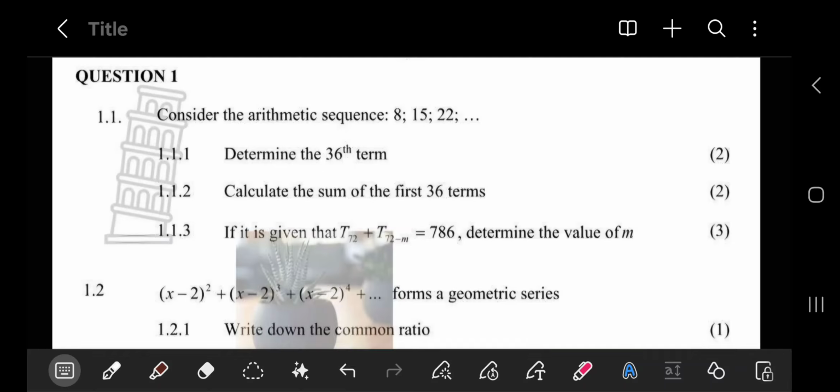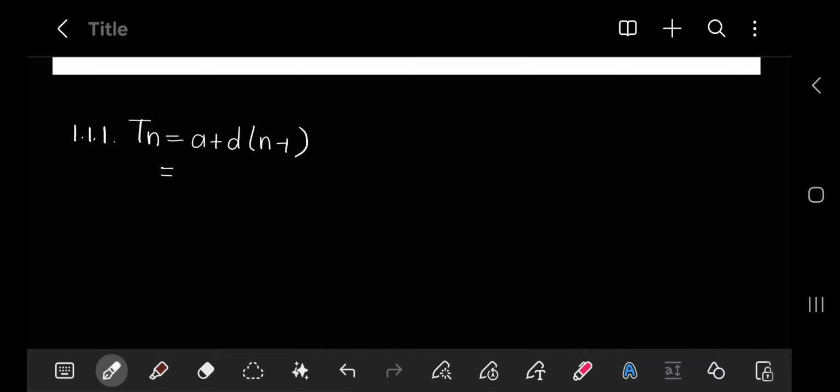Okay, let's do that. Now, looking at what we have, our first term was 8, 15, 22, so the difference is 7. We are adding 7 each time. So we're going to have 7 into n minus 1. We're going to take that 7 and distribute it into the bracket, gather like terms, and our general term is 1 plus 7n.